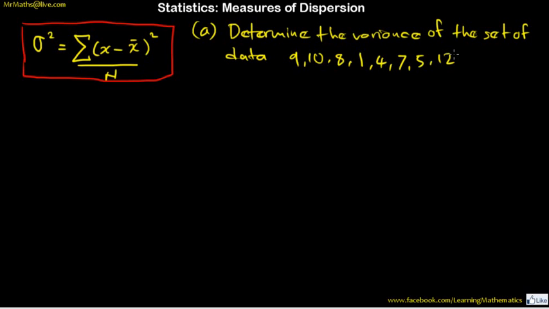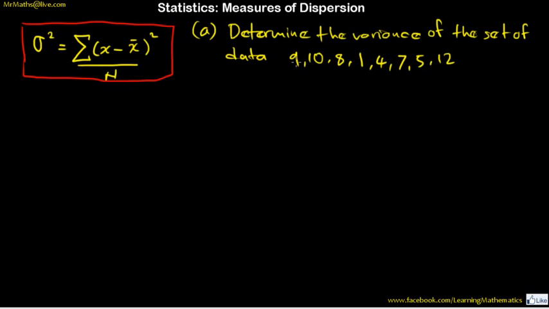So there are 8 numbers there. We want to find the variance, and once we find the variance, we can also find the standard deviation. Very straightforward. So let's use this formula over here. But before doing that, we need to find all the other values.